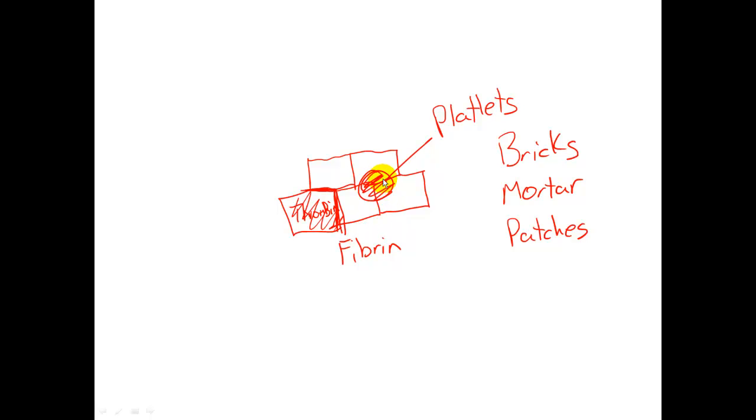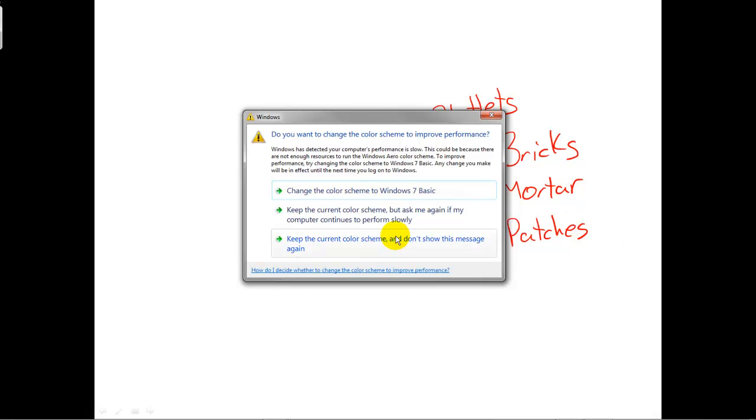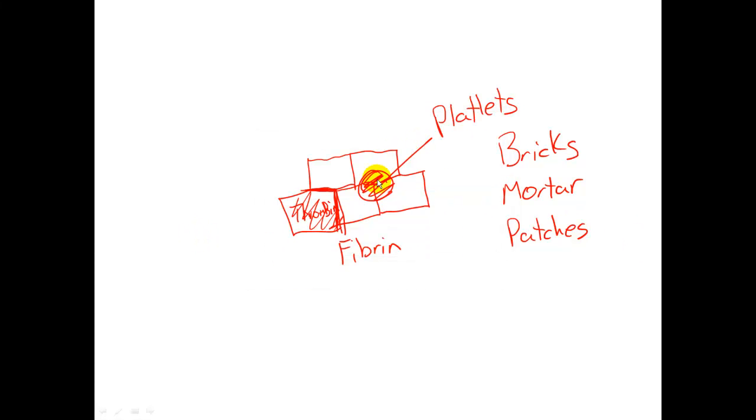And anytime we're looking at cellular parts that would essentially provide quick emergency patches throughout the body for bleeding, then we would be talking about platelets and their adhesion or adherence properties. So bricks, mortar, or patches: bricks, thrombin; mortar, fibrin; patches, platelets.